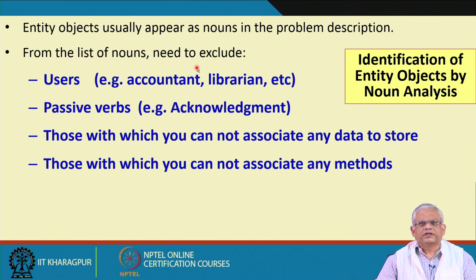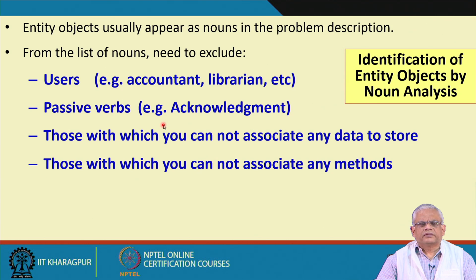Once we underline the nouns, we need to eliminate most of them. If the noun corresponds to a user such as accountant, librarian, etc., we will eliminate it, because these are actors rather than entity classes.